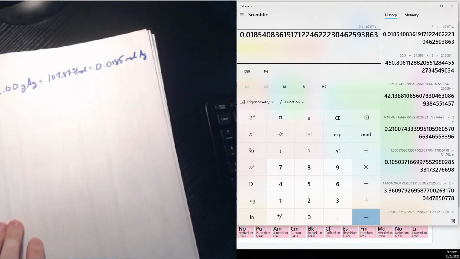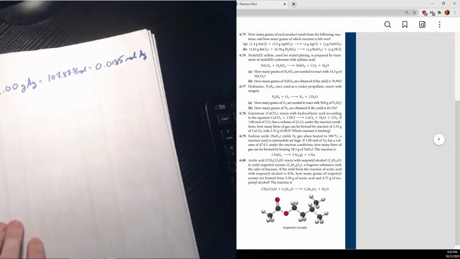And then our chlorine was how many grams? 0.67 something? 657.